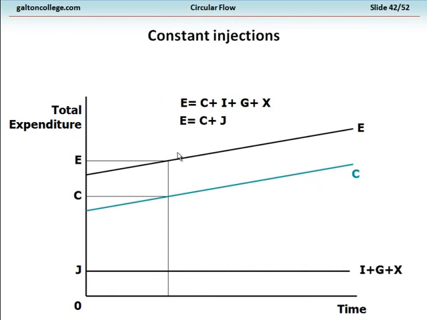So now we've got E is equal to C plus I plus G plus X. There's E plus C plus I, G plus X. E is equal to C plus J. Same thing.